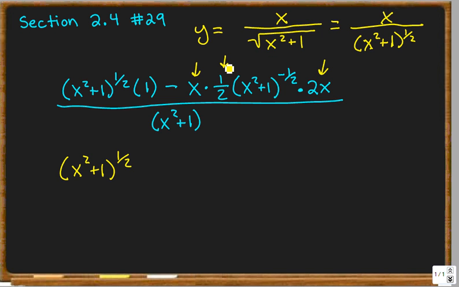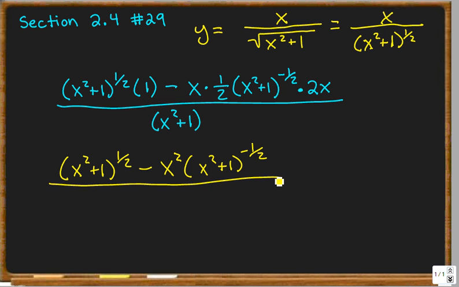The 1/2 and the 2 cancel, and the x times x becomes x squared. So it'll start with minus x squared, and then I input the rest of my function, x squared plus 1 to the negative 1/2. Okay, so that's a more simplified numerator than before. Then I'm going to divide that by x squared plus 1.